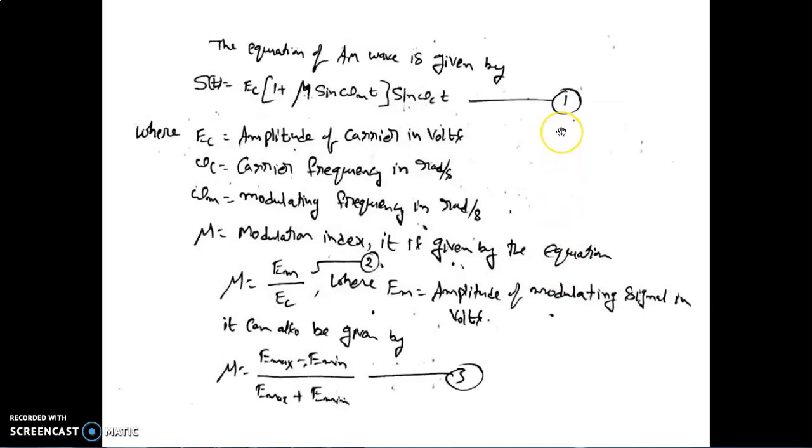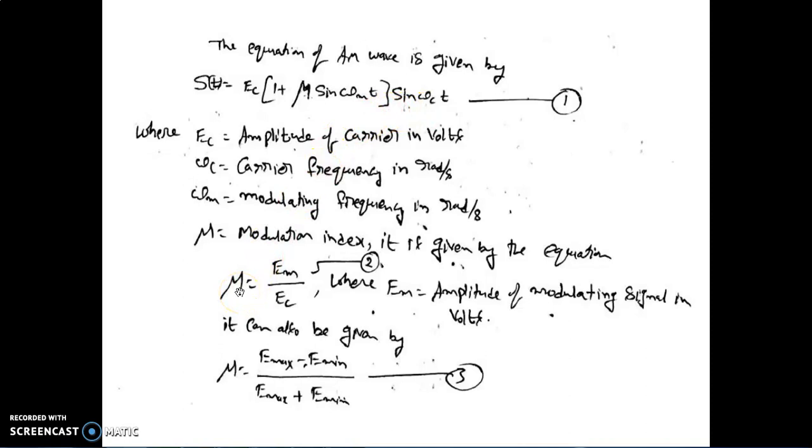So equation 1 is the time domain equation of amplitude modulated wave, where Ec is the amplitude of carrier in volts, mu is the modulation index, omega m is the modulating frequency in radians per second, omega c is the carrier frequency in radians per second.